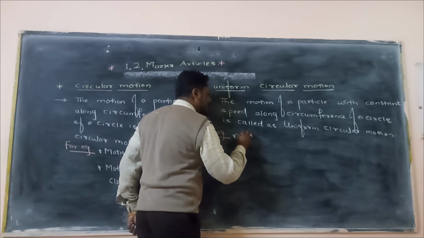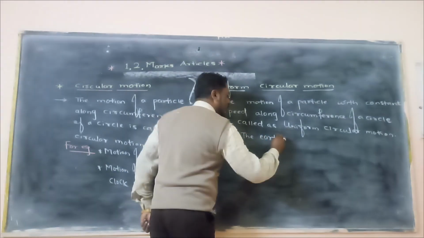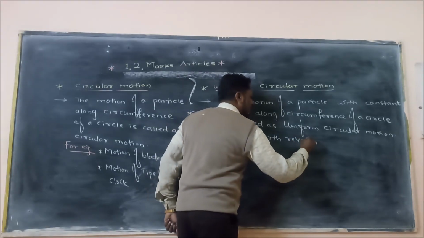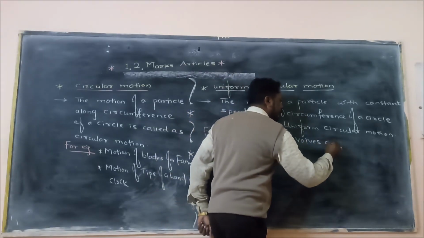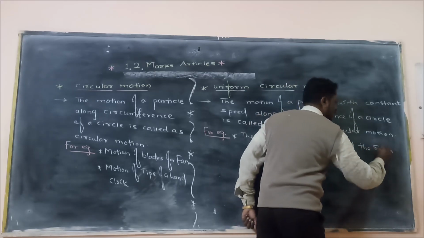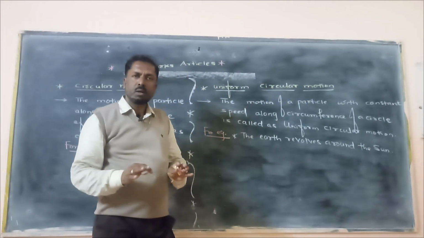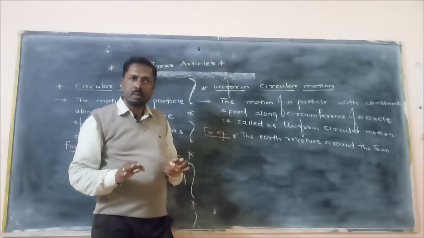The best example is that the earth revolves around the sun. The speed of the earth is constant.